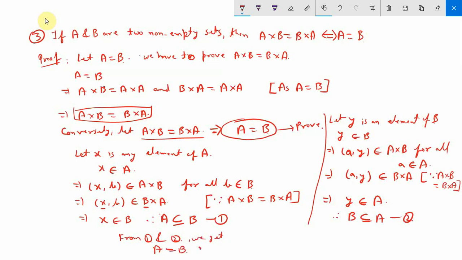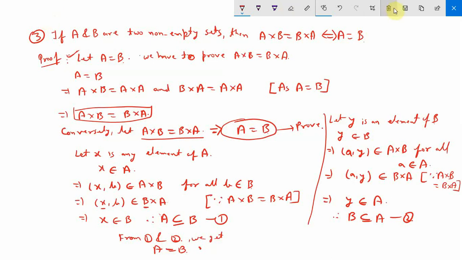Considering A into B equal to B into A, we have proved A equal to B, and here we have taken A equal to B. Then we have come to the conclusion that A into B equal to B into A. Okay, friends. So we will see the next theorem.